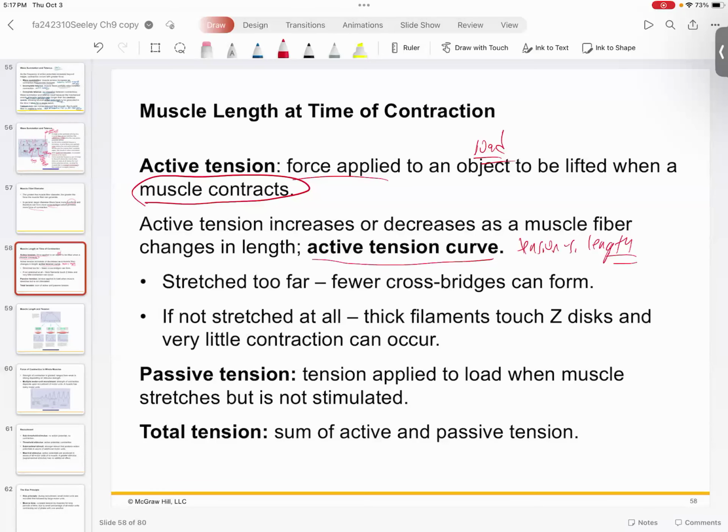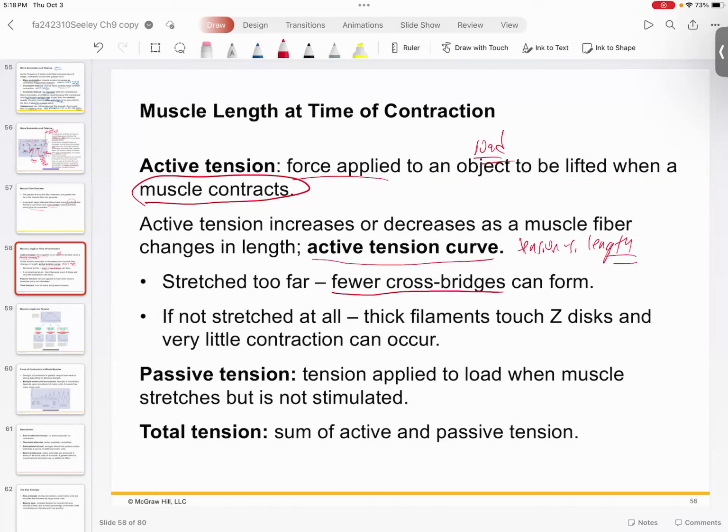So now if you stretch it too far, then you're essentially making the zone of overlap between myosin and actin smaller. You're sort of eliminating some contact of myosin heads with actin because it's kind of off the end of the chart, so to speak. And so it won't be able to overlap or to grab onto an actin rather.